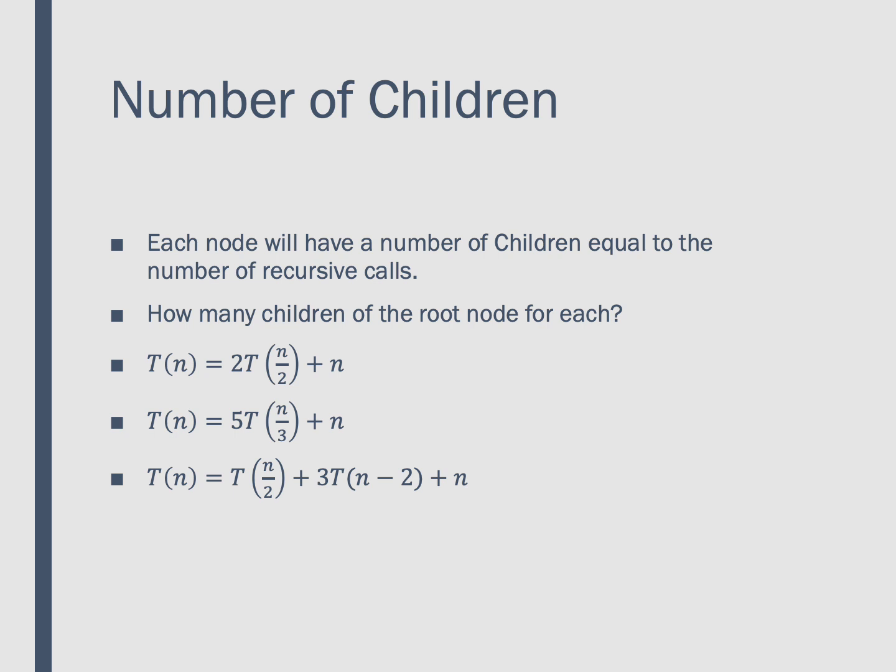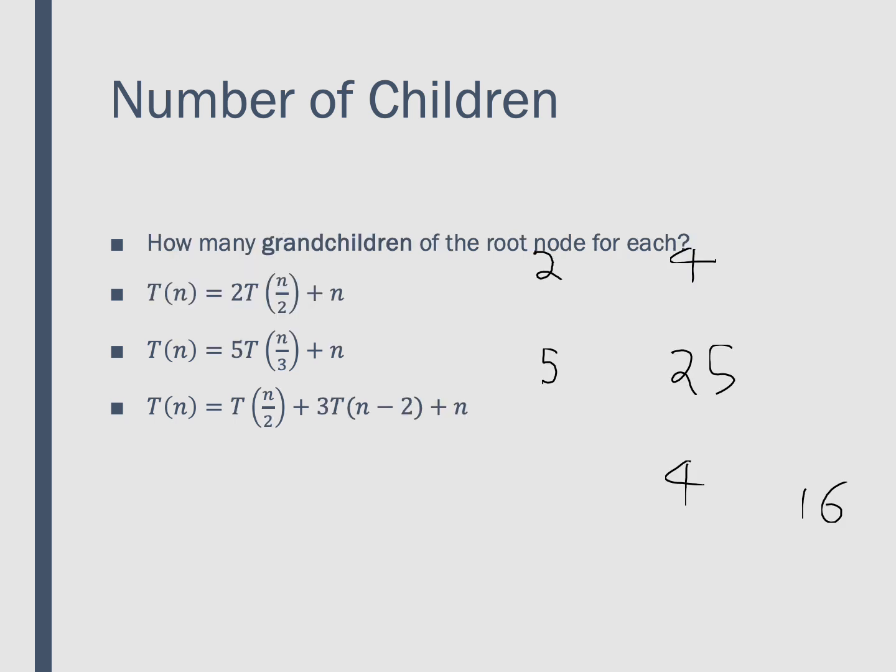So each node will make two recursive calls to subproblems of size n by 2, and this creates a binary tree structure. For the second one, 5T(n by 3) plus n, it will have 5 recursive calls.